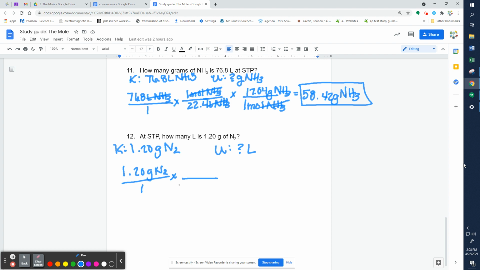The molar mass for N2 is 14.01 times 2 to get 28.02 grams of N2, which is equal to 1 mole of N2. And then always 22.4 liters is equal to 1 mole.